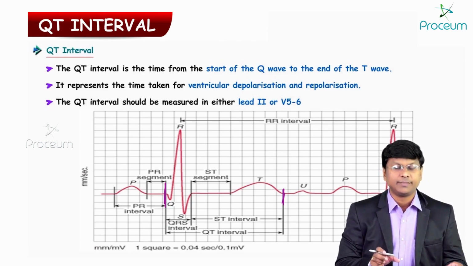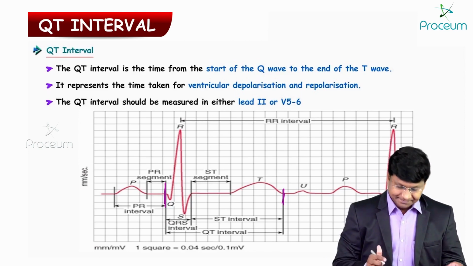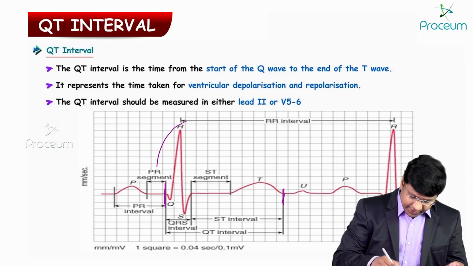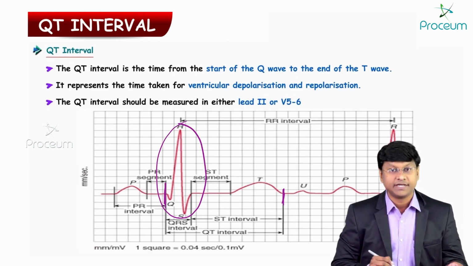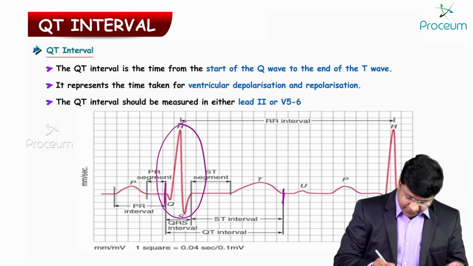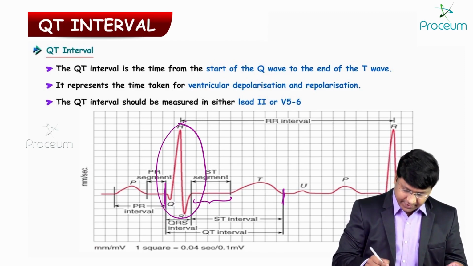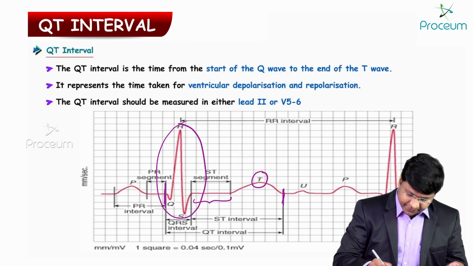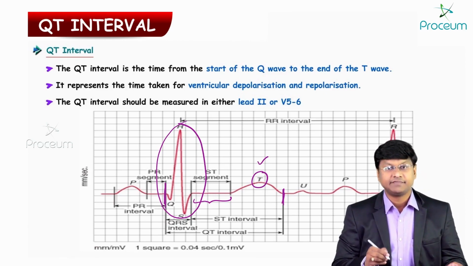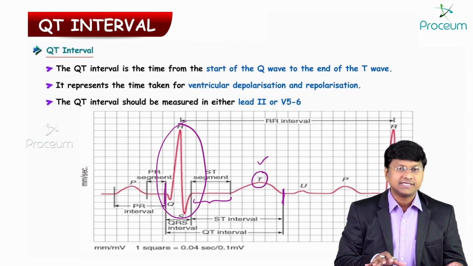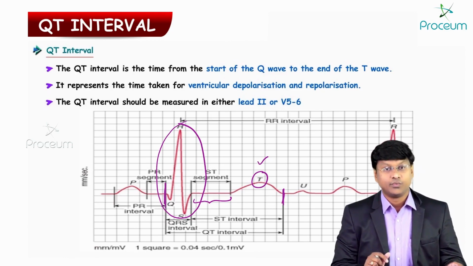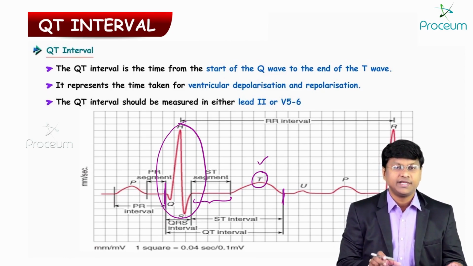And what complexes and segments does it have? Number one, it has the QRS complex. Then we have the ST segment. Then we have the T wave. So these are the segments and waves that you have in the QT interval.